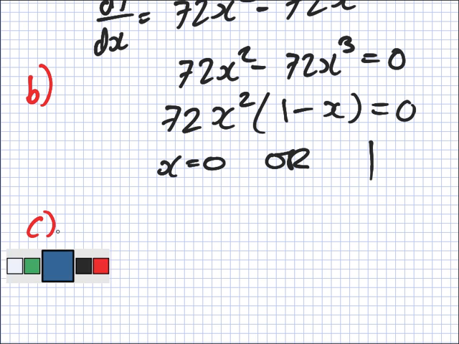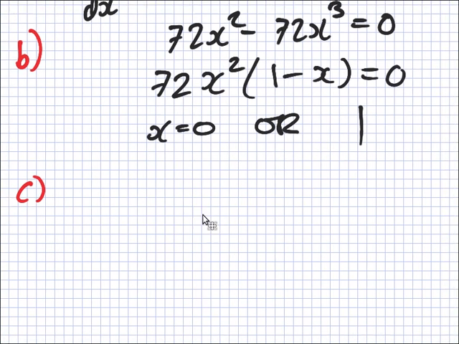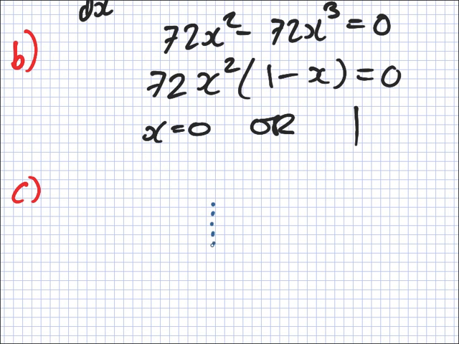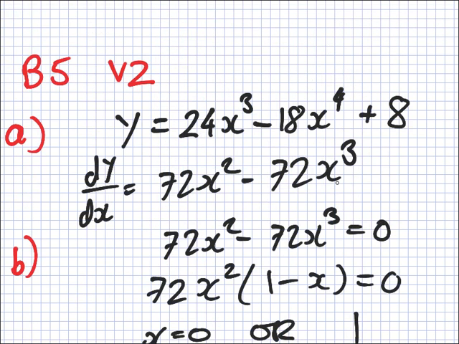Now, for part C here, they ask you to look at 2 different locations. The first one when x is 0, and the second one when x is 1. By the way, when x is 0, what's the value of y? If I put 0 into this, what do I get for y? 8. 8, good.